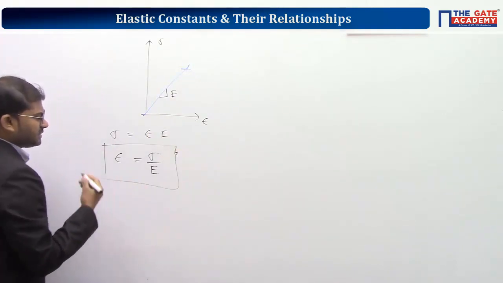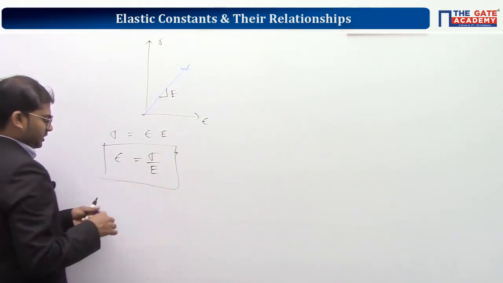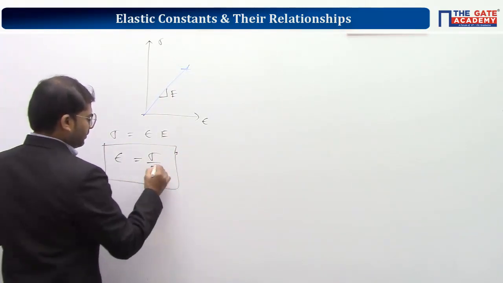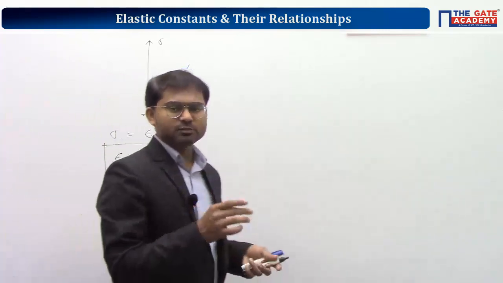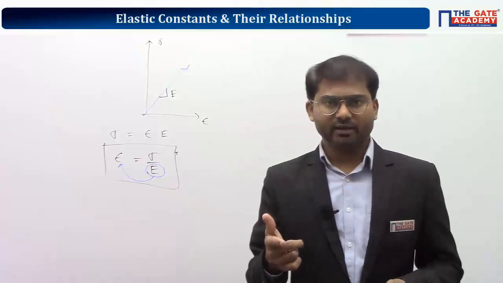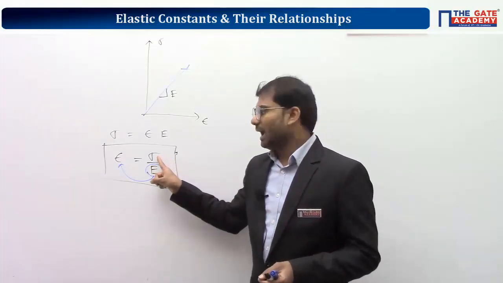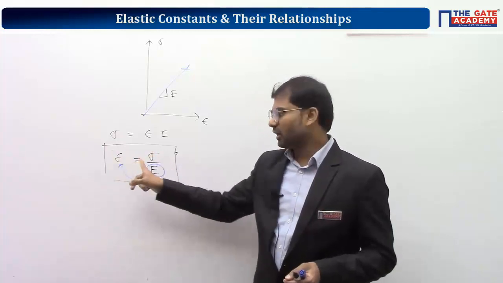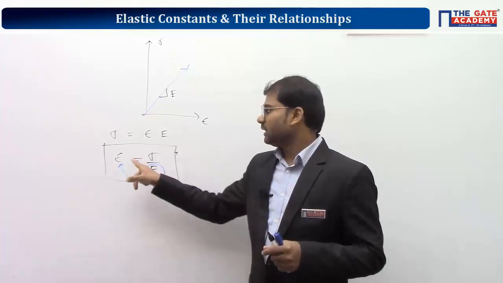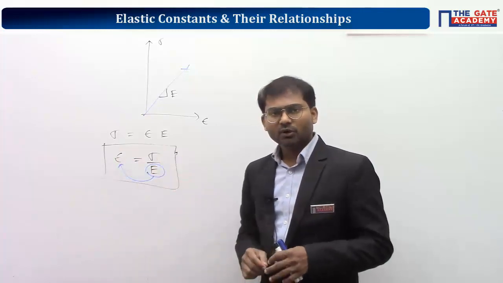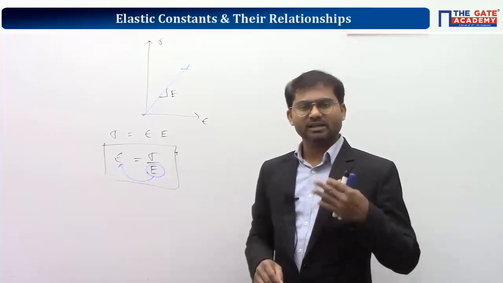So based upon the value of E, the strain value is decided. For the same stress, you get a higher strain if you have a lesser Young's modulus. Higher Young's modulus means lesser strain; lesser Young's modulus means higher strain.